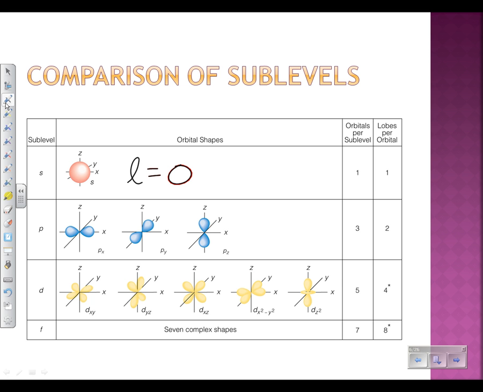P orbitals kind of look like figure 8s. Right? They have these two lobes on either side of them. P orbitals we distinguish by giving them the quantum number L equals 1. D orbitals, you might have to draw the D orbitals in a little bit because they didn't copy very well, because it's a yellow picture and yellow doesn't copy very well, but you can kind of see there, okay? D orbitals kind of have this X shape, and we give them the angular momentum quantum number of L equals 2.